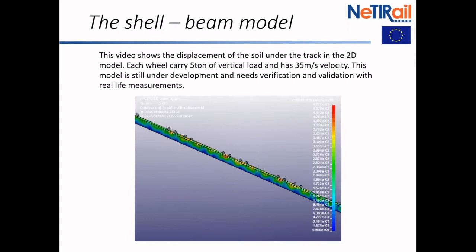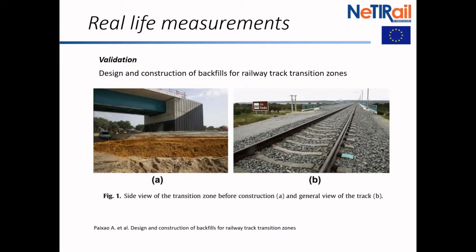And at that stage, we got a model that ran, but we needed to conduct verification of it and validation of it. Now, within the NeTIRail project, we did not have the budget, and we didn't plan to construct a new transition zone and test this. But what we could do is draw on work from another EU project. So this is work that had already taken place in Portugal, in which they had taken a bridge structure that was under construction and modelled very carefully the transition zone approaching that bridge.